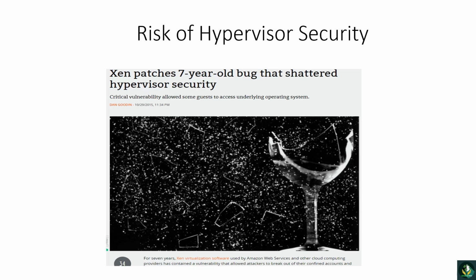Now fortunately this was patched very quickly by Xen and rolled out very quickly to customers such as Amazon, but it demonstrated what is probably the biggest fear most organizations have about cloud security: that they are sharing resources with other customers.